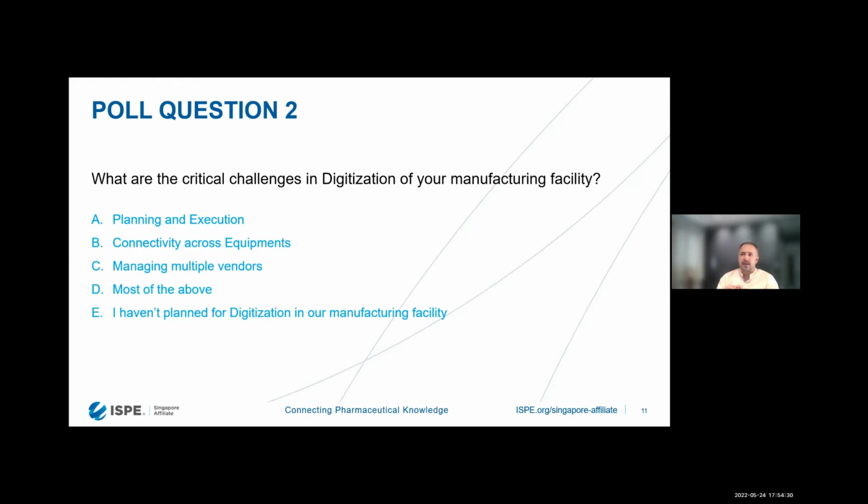Thank you so much for your inputs. From our experience, we have seen that managing multiple vendors is also one of the key challenges that we have heard from bioprocess users. But then again, there are issues around planning and execution, connectivity across equipments, and, like I said, managing vendors. So thank you so much for your inputs and feedback.